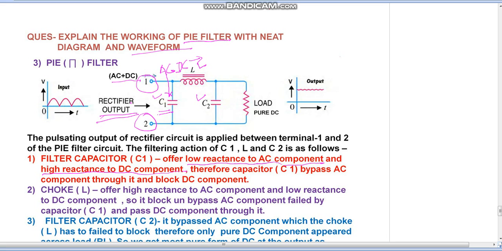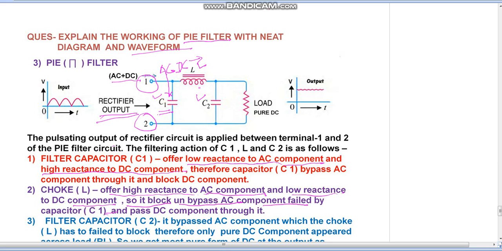Now the inductor coil L, that choke L, shows higher reactance to the AC component and low reactance to the DC component. According to its property, inductor L blocks the AC component which is not bypassed by the capacitor C1, and passes the DC component through it.